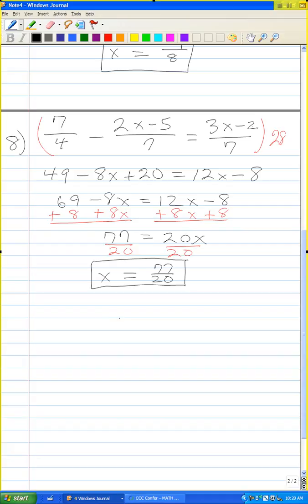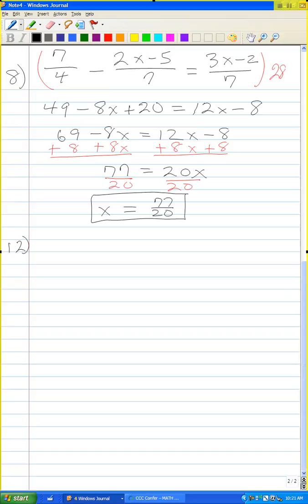Let me do problem number 12: 3 over x minus 1 over 5 equals 2 over 5x. And so let me multiply both sides of my equation by the least common denominator. Well, x, 5, 5x.